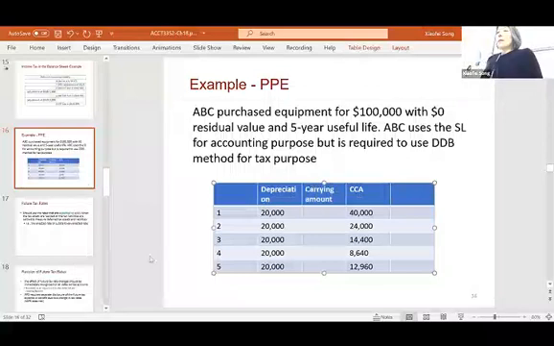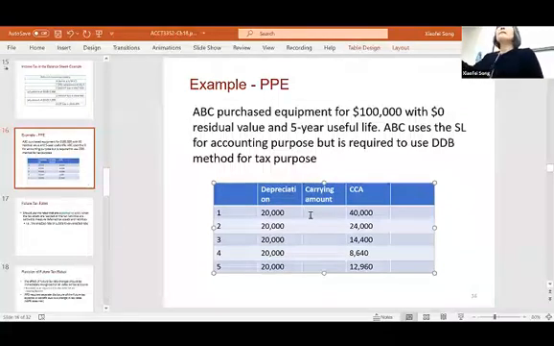And the carrying amount is essentially the amount to be deducted in the future, right? We know expense is essentially the expired asset. When the asset expires, the cost of the asset becomes your expense, right?